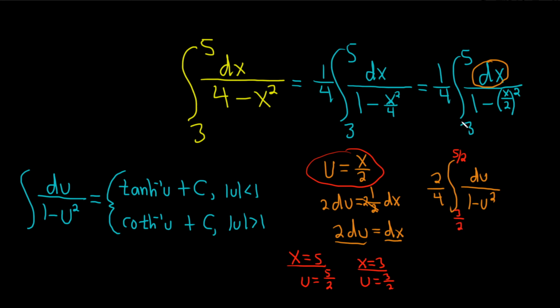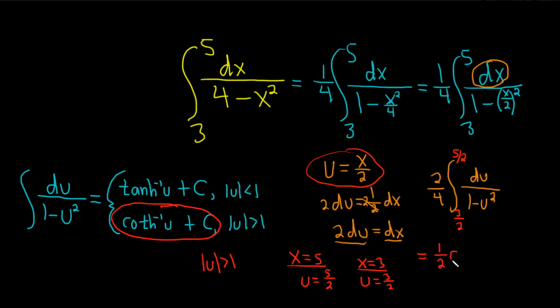And this is where it gets quite interesting because we're integrating with respect to u, and our limits are 3/2 and 5/2. Those are all numbers bigger than 1. That means that u is a number bigger than 1. So the absolute value of u is bigger than 1. So we're using this formula here. So now we can apply the formula. This 2/4 reduces to 1/2.